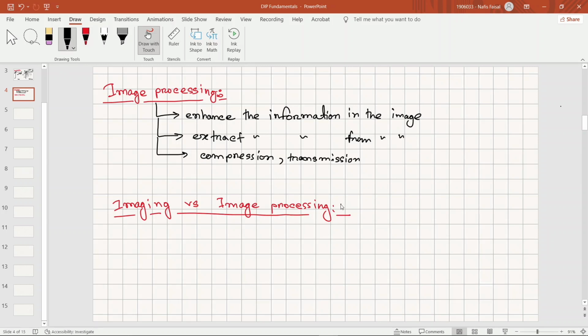Imaging is the process of actually taking the image, the process of capturing an image. So we will not be concerned much about the process of imaging. I will shortly describe it, but we will mostly be focused on image processing techniques.